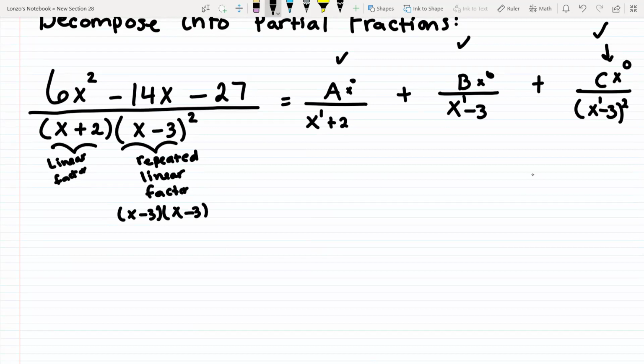by getting rid of the fraction. So let me rewrite the problem again so you don't get confused.